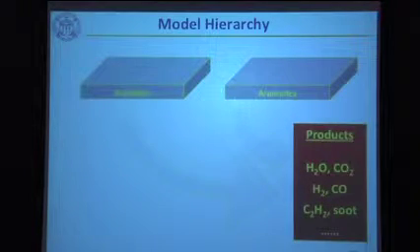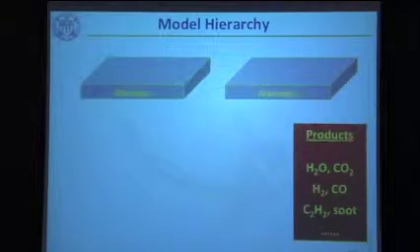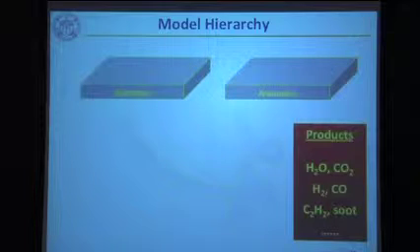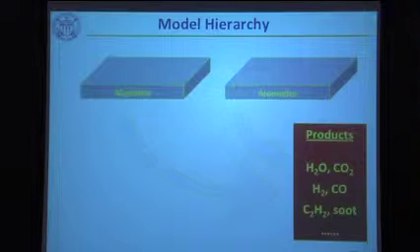And the way we do that is to recognize that when you oxidize a fuel in a combustor, it does not matter whether you have aliphatic or aromatic hydrocarbon. You all end up with products that are carbon dioxide and water, with incomplete combustion products, hydrogen, CO, acetylene, and soot.